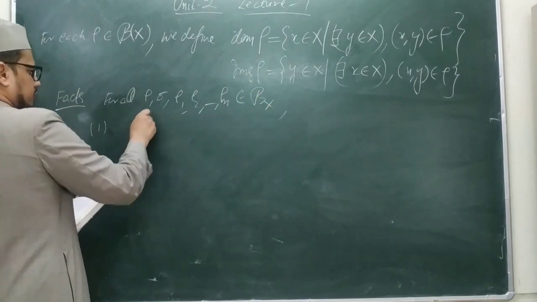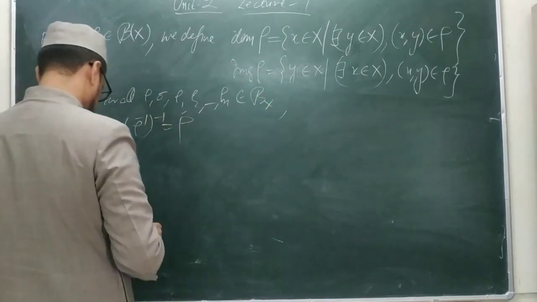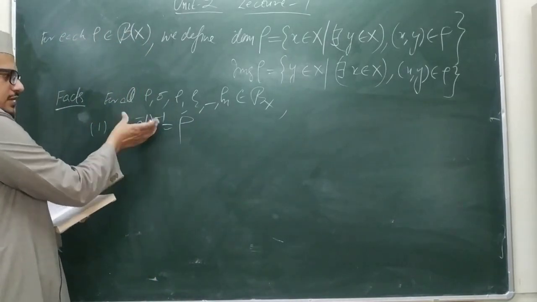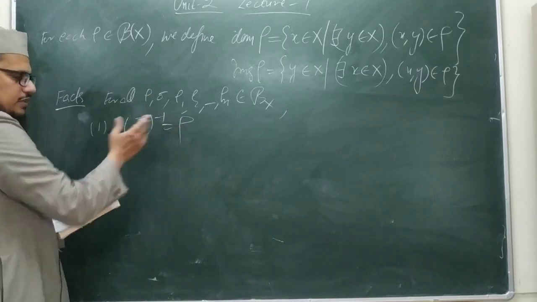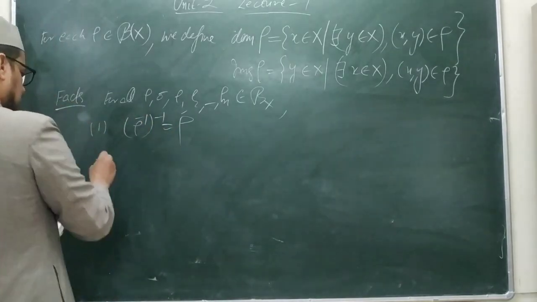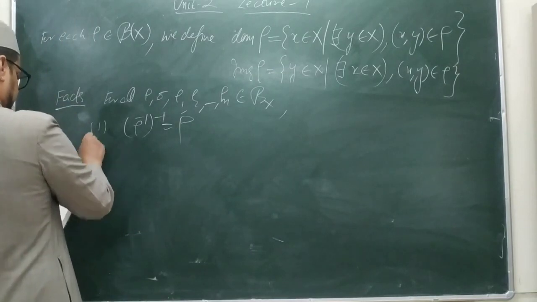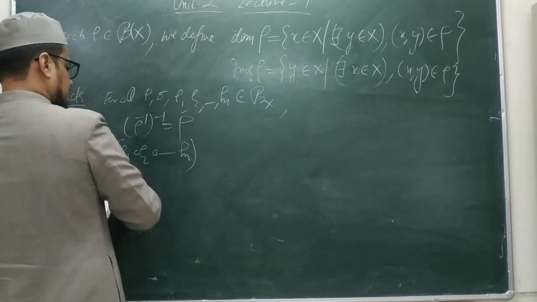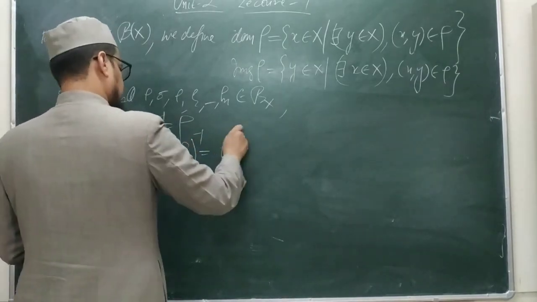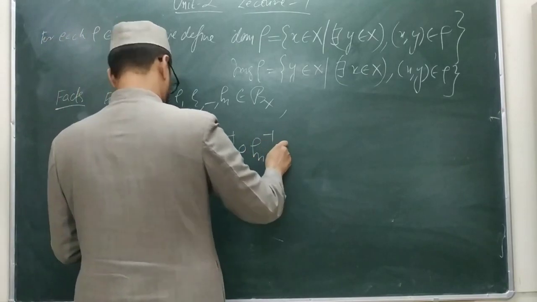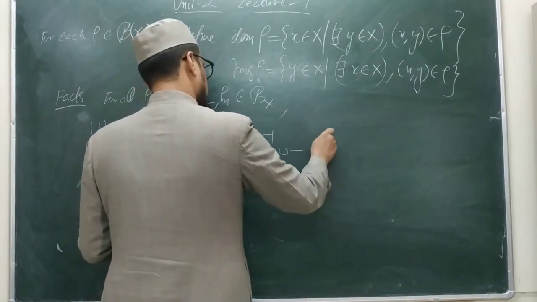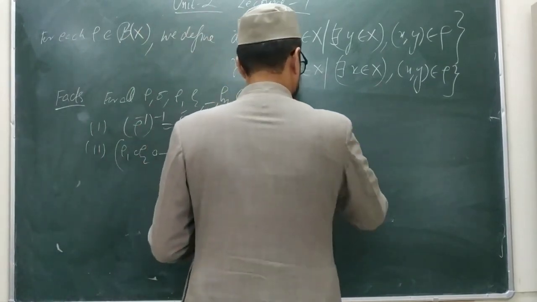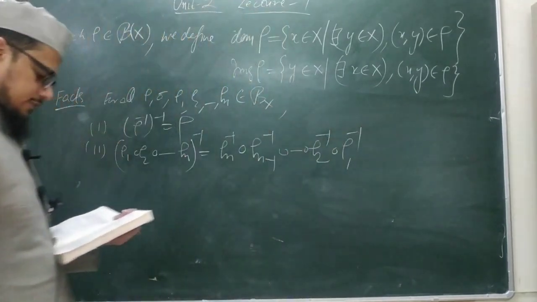First, the converse of the converse of rho is again rho. Second, the converse of rho 1 composition rho 2 composition dots composition rho n is equal to rho n converse composition rho n minus 1 converse composition dots composition rho 2 converse composition rho 1 converse.